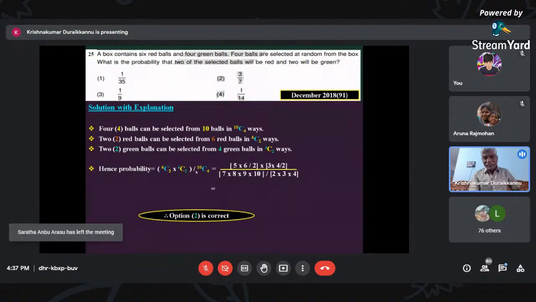Up to 6 cancelled, 7, 8, 9, 10 remain in the numerator, and the denominator is 4 factorial. After reducing this, we get 3 by 7.